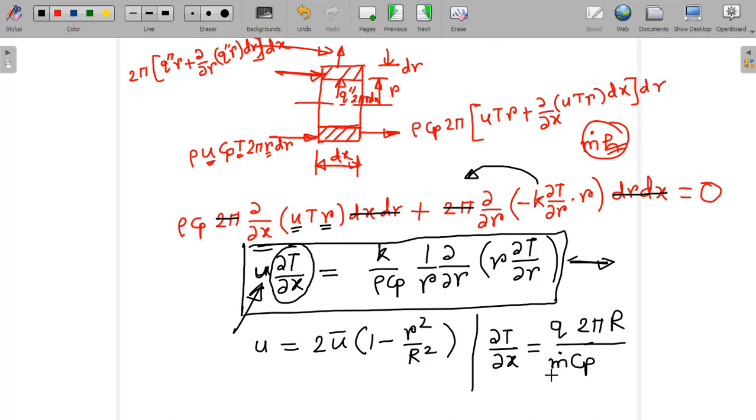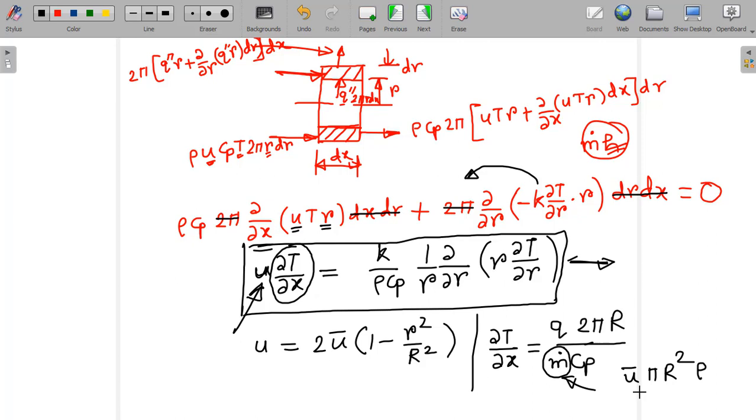In place of del T del x you write this expression, and this m dot you replace by u bar into pi R square into density, so rho into velocity into the area is basically m dot.